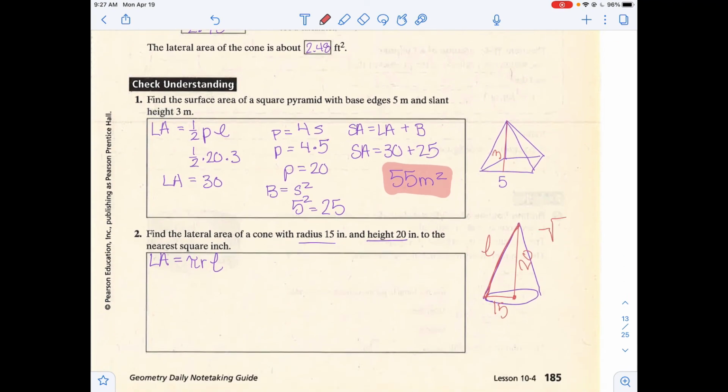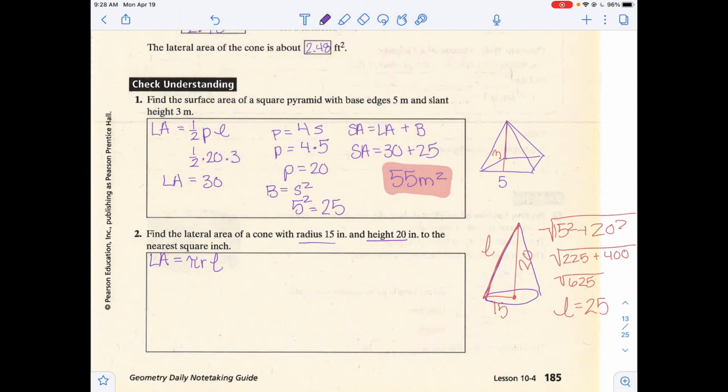So we need the square root of 15 squared plus 20 squared. So we've got 15 squared is 225. 20 squared is 400, so the square root of 625, which is 25. So the slant height is 25. Okay, so we've got that.